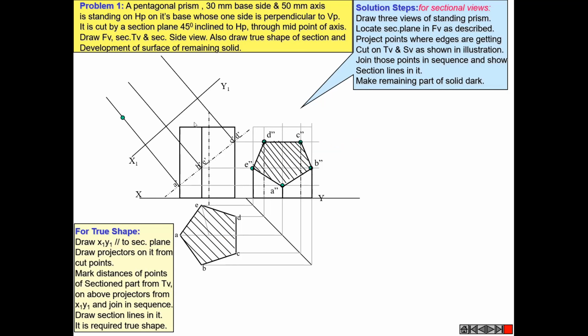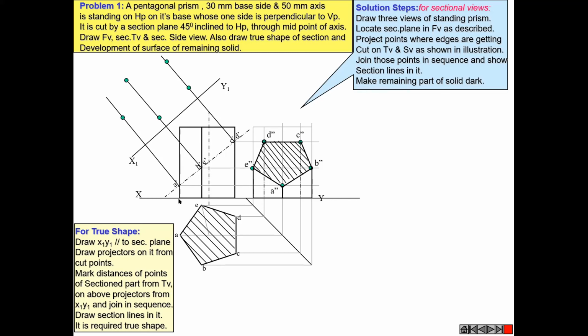Now identify the points. How to identify the points? You have to take the measurement from this XY line to A, and you have to mark the point A from here to here. इस ओरिजिनल XY लाइन से A पॉइंट आपको कंपास में ओपन करना है, और ये XY लाइन से यहाँ पे आर्क लगाना है. देन आफ्टर ओरिजिनल XY लाइन से E पॉइंट, और यहाँ से E पॉइंट, ओरिजिनल XY लाइन से B पॉइंट, और यहाँ पे B पॉइंट, like this.